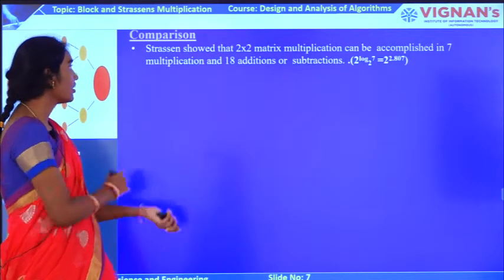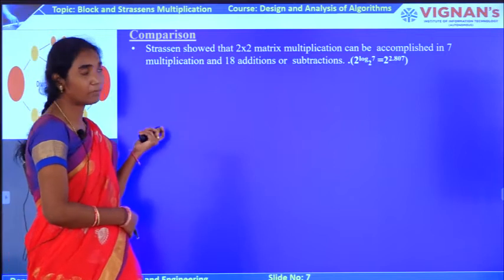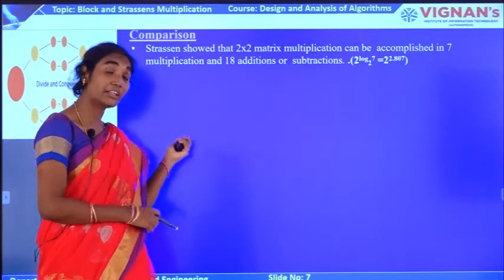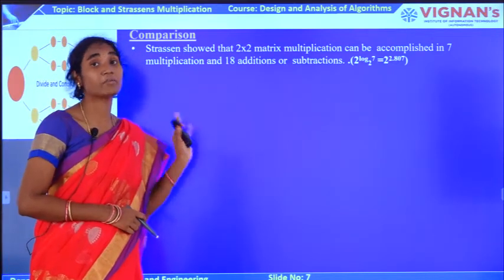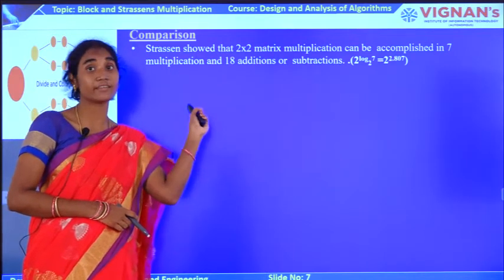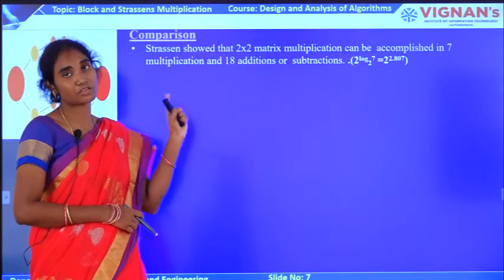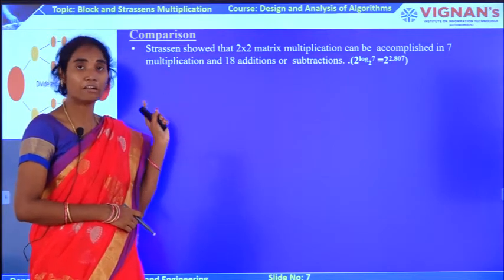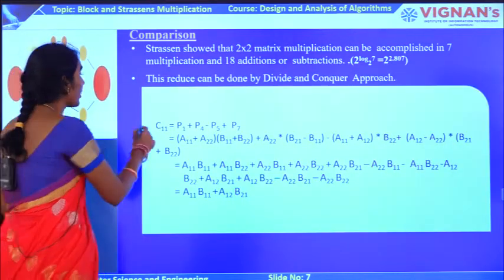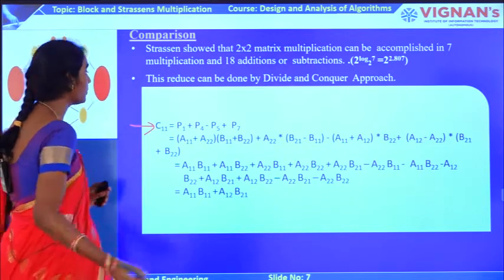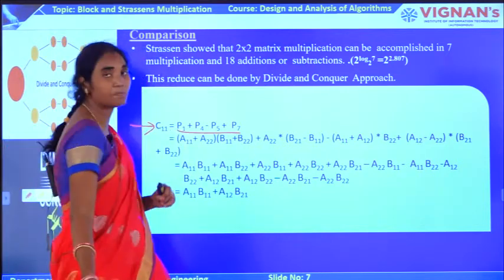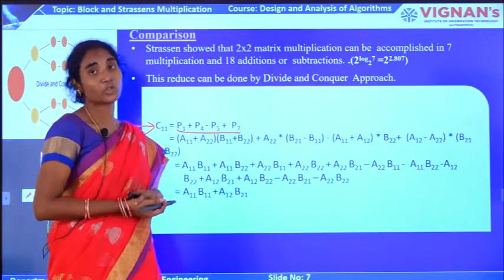So the comparison: for 2 by 2 matrix multiplication, we have seen that it can be accomplished with 7 multiplications, whereas block matrix multiplication requires 8 multiplications and Strassen's requires 7 multiplications. So somehow we have reduced the time. Now C11 is equal to P1 plus P4 minus P5 plus P7 according to Strassen's.